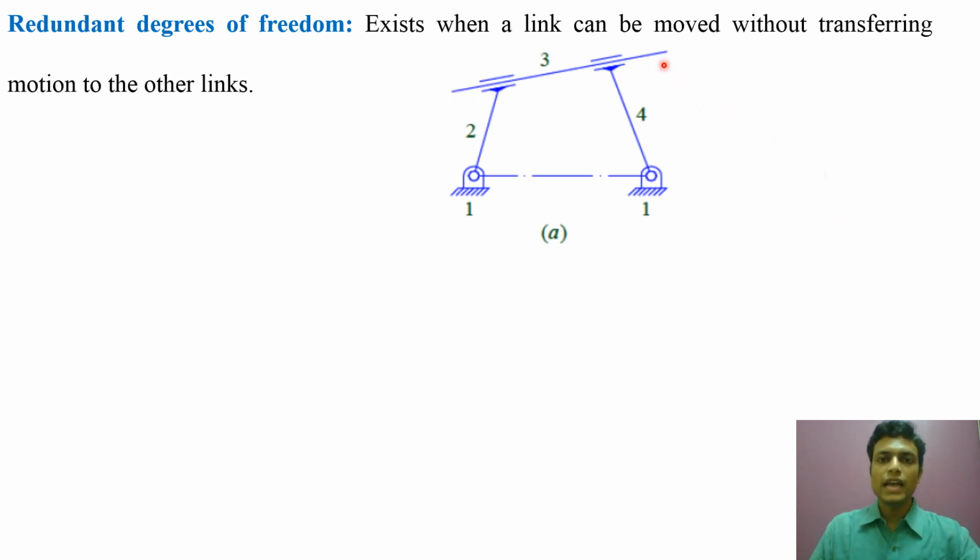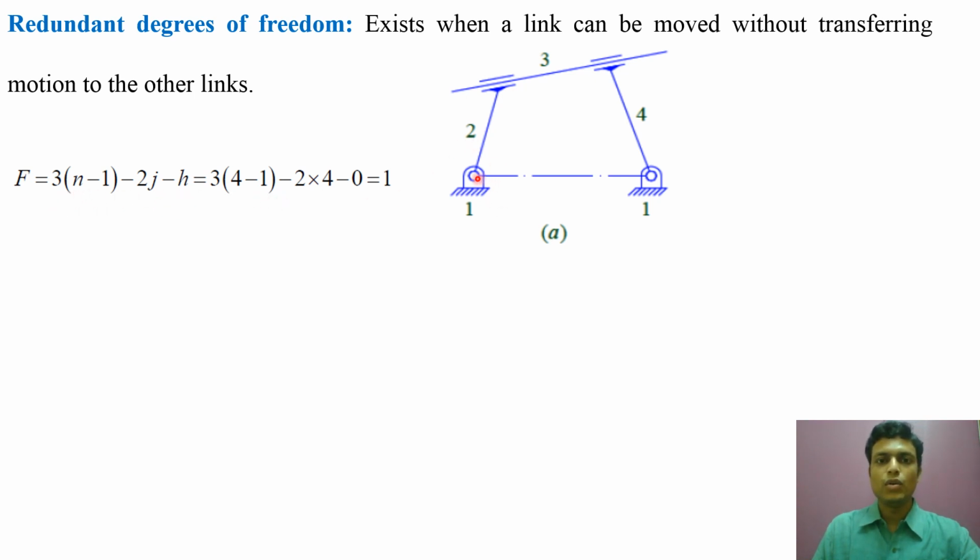So if we apply the equation to find the degrees of freedom of this mechanism, what does it become? F equals 3 into n minus 1 minus 2j minus h. How many links are there? 1 is the fixed link, this is 2, this is 3 and this is 4. So 4 links, so 3 into 4 minus 1.